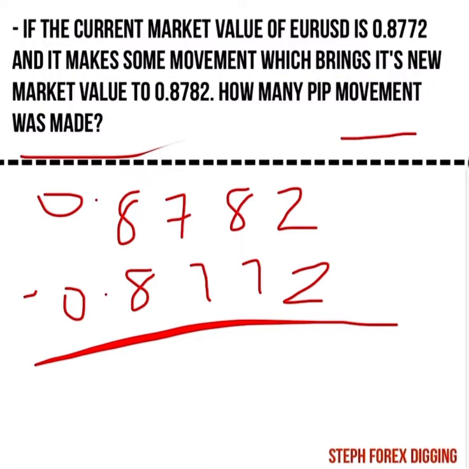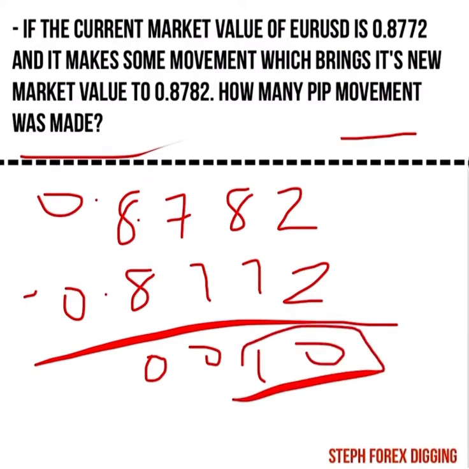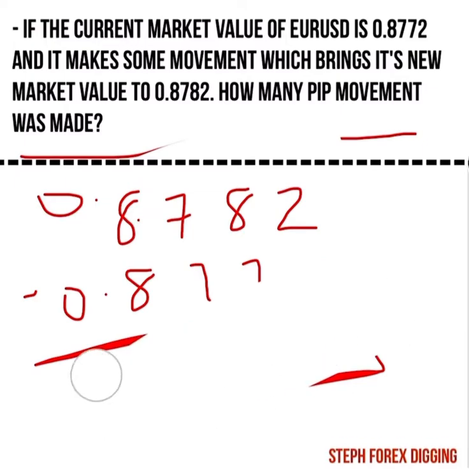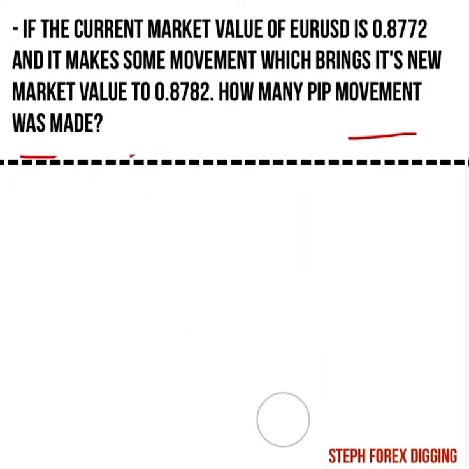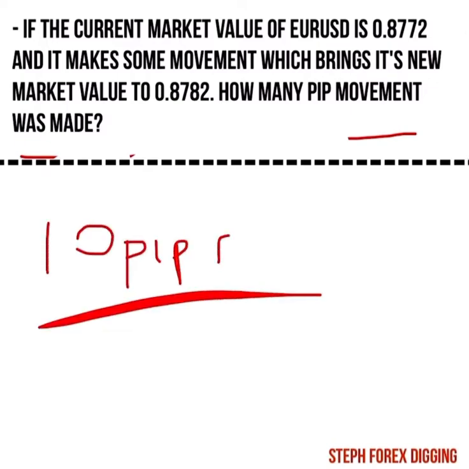But how do you now know your own digits? It's 8 minus 8 was 0, 7 minus 7 is 0, 8 minus 7 is 1. So obviously, what we have seen is that for this thing to get this new value, it made a movement of 10 pips. That's it. 10 pips. That's the movement it made.